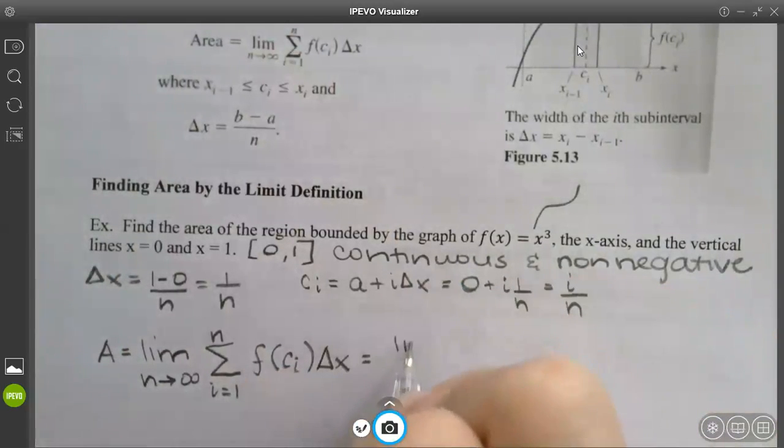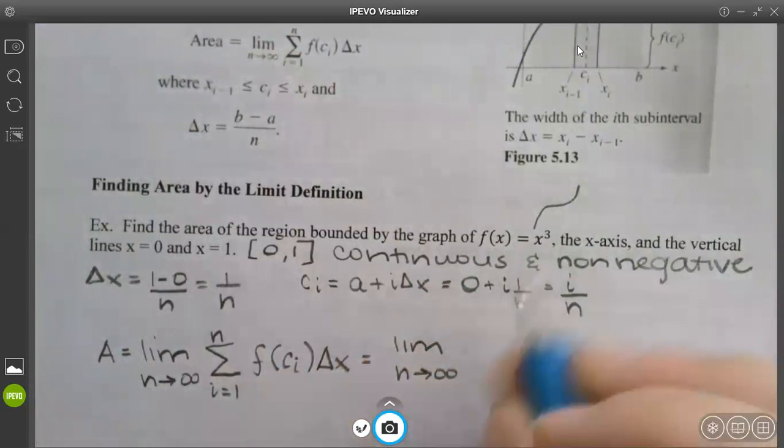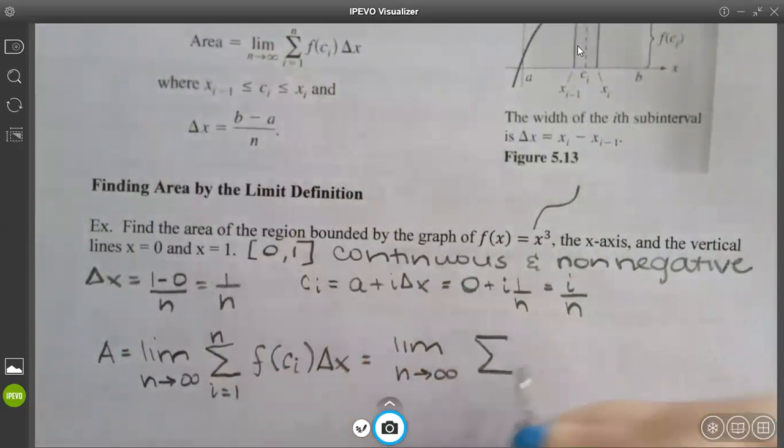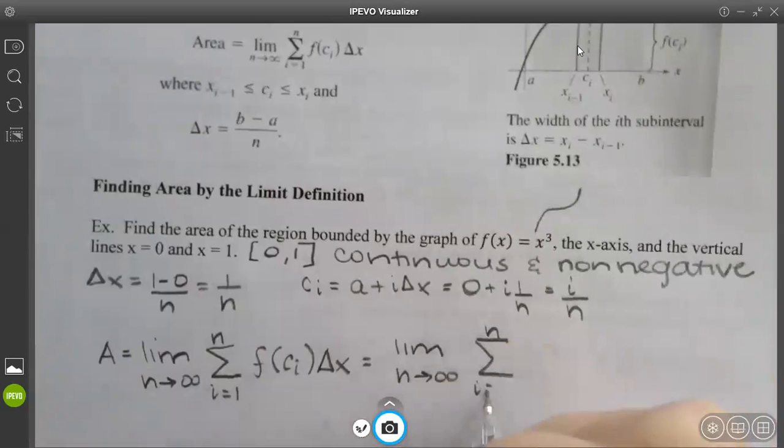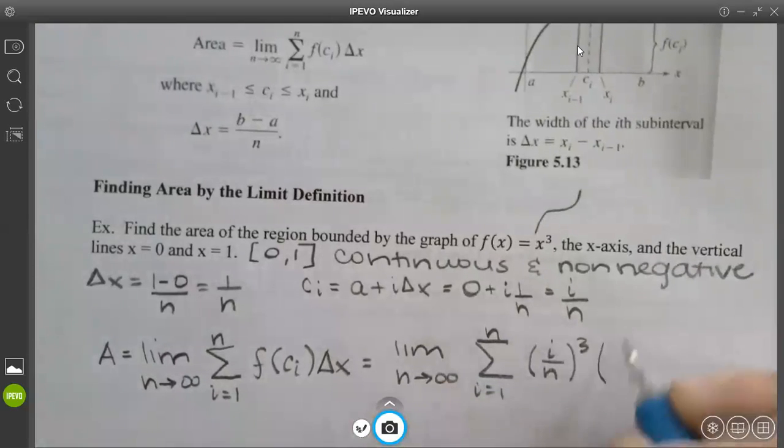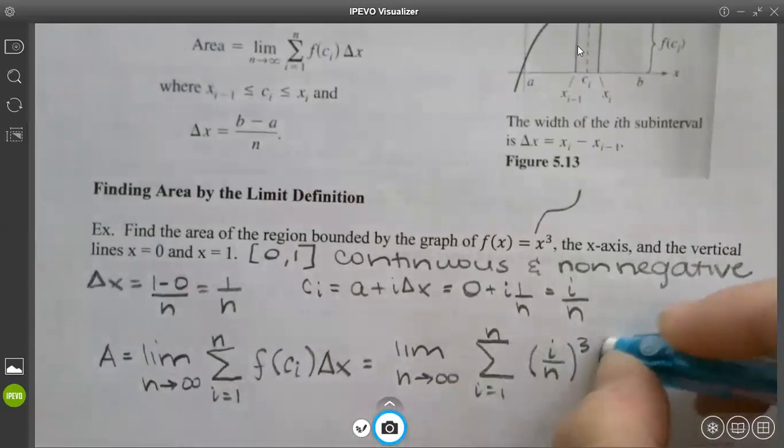So we're going to do the limit as n approaches infinity of the summation from 1 to n of i over n to the third times delta x. Sorry, delta x is 1 over n.